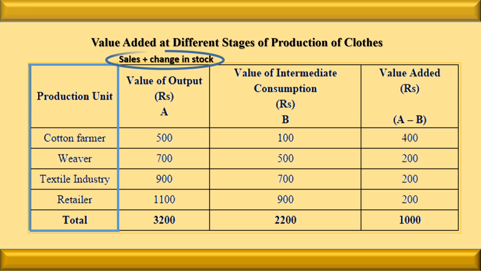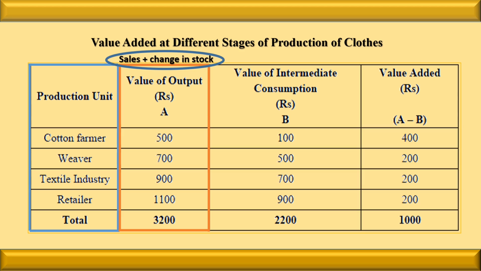Value of the output is sales plus closing stock. The value of the output for the cotton farmer is 500, for the weaver 700, for the textile industry 900, and for retailers 1100. The total value of the output is 3200.